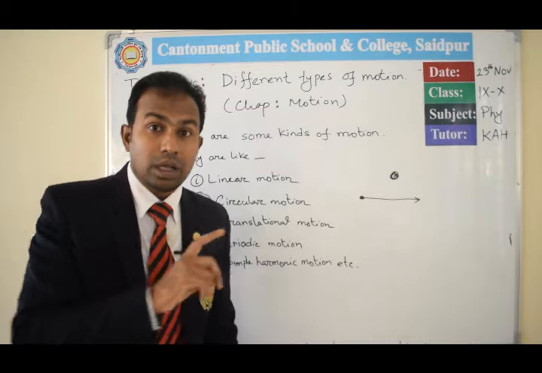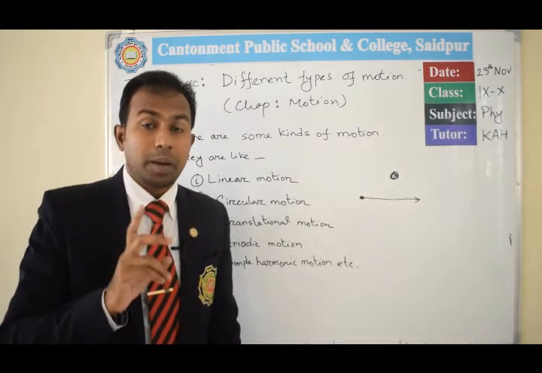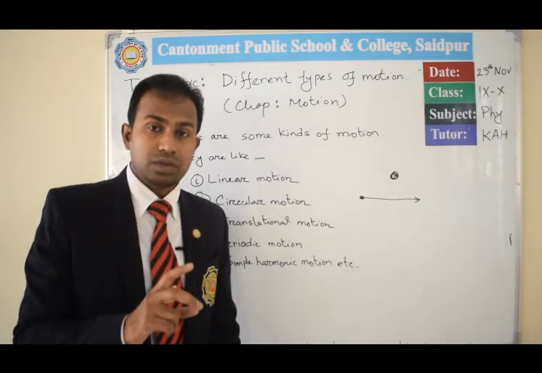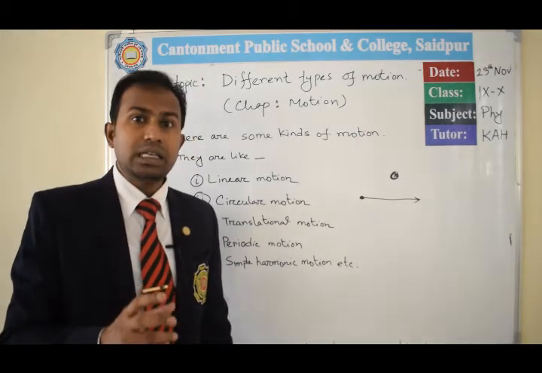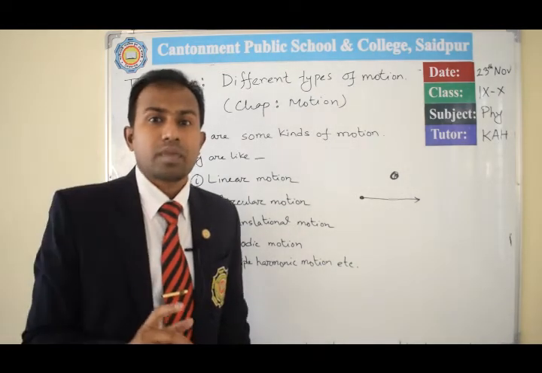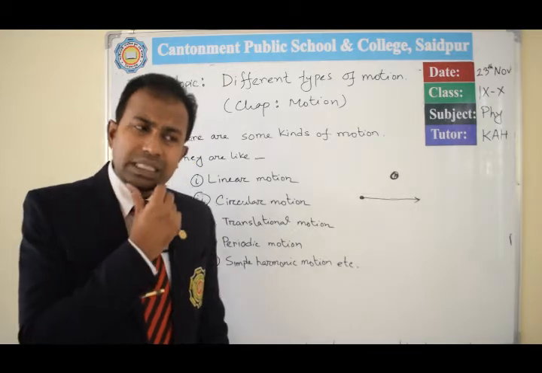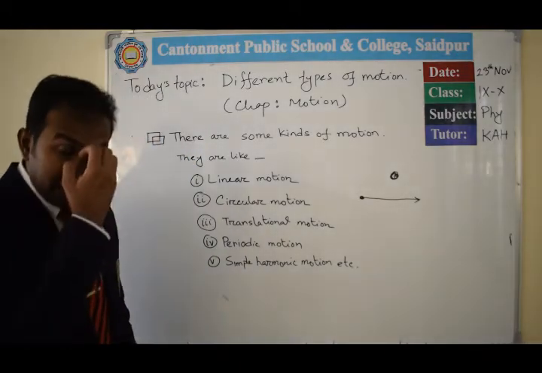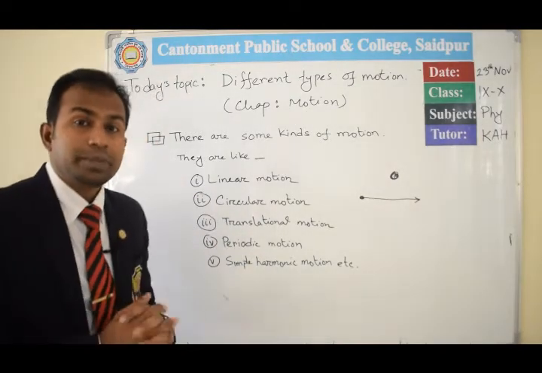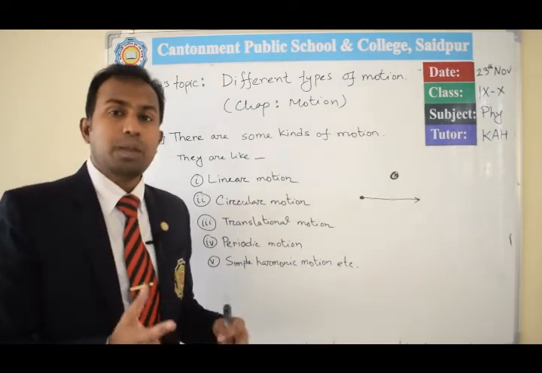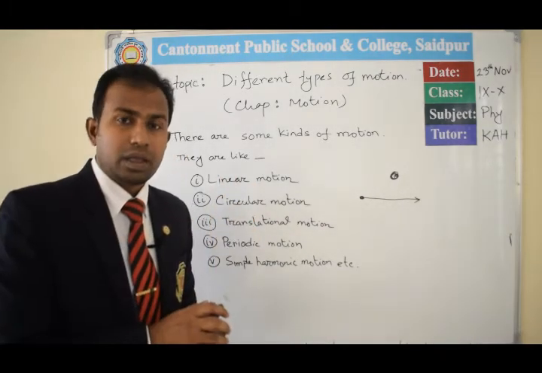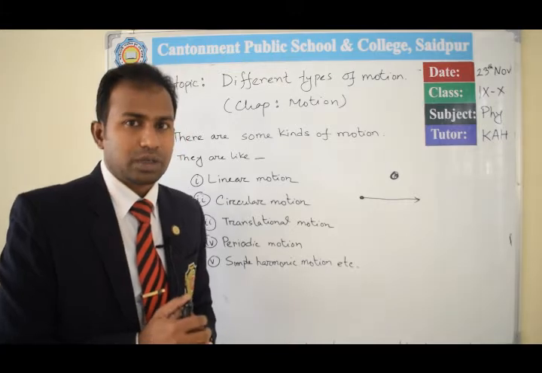Whenever we put it on, the ceiling fan keeps moving and changing direction without changing its actual position with respect to the whole surface. So whenever any object is not changing its actual position and is moving with respect to the center of a point, that is circular motion.